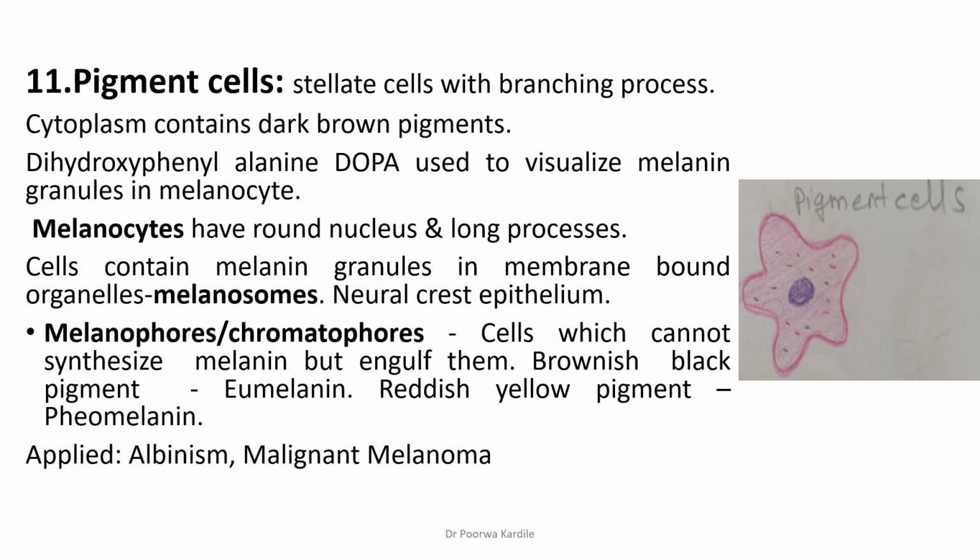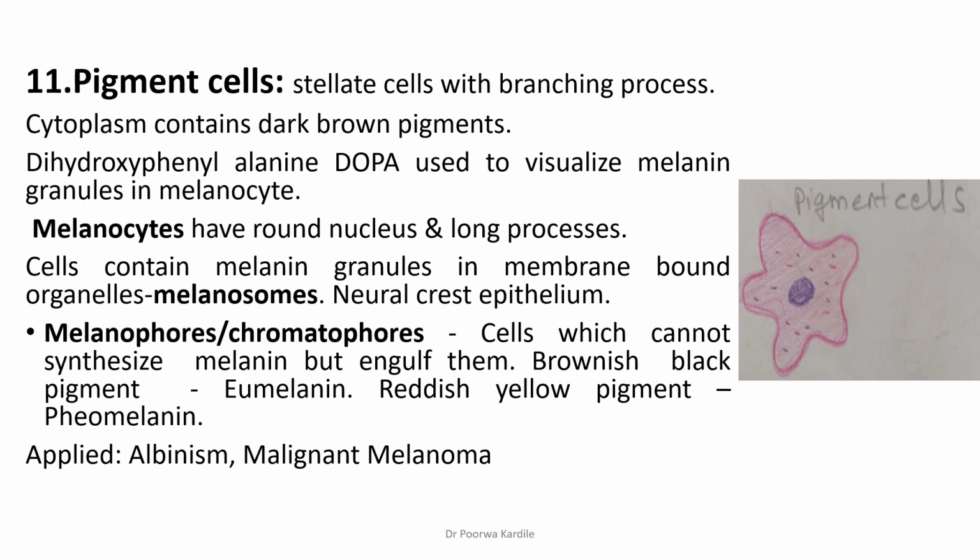If there is a generalized absence of melanin, it is known as albinism. At foci, if melanocytes are deficient, it leads to vitiligo.